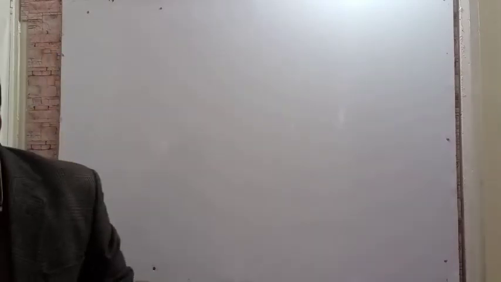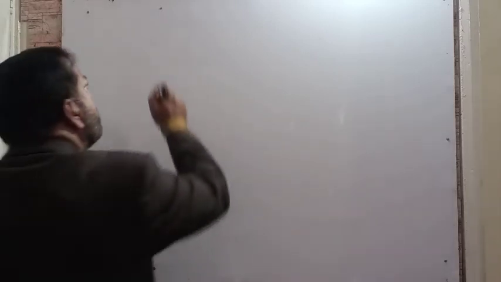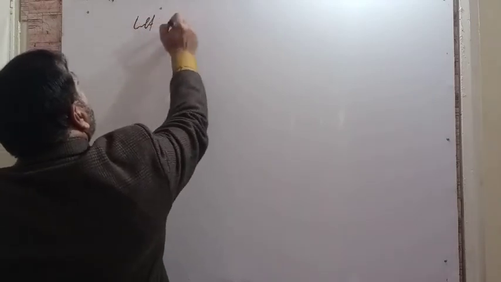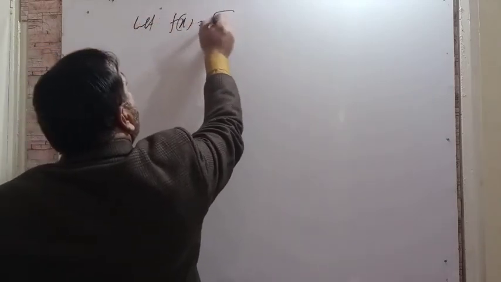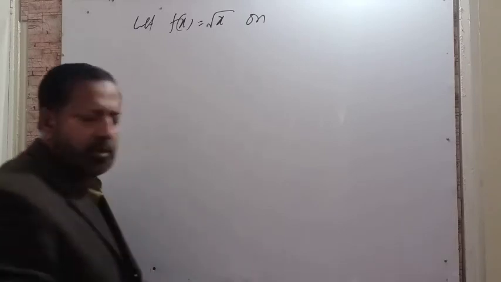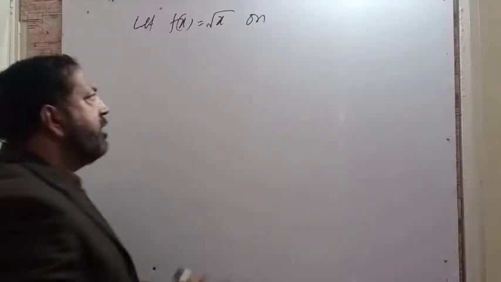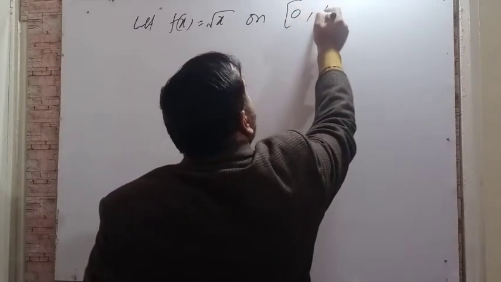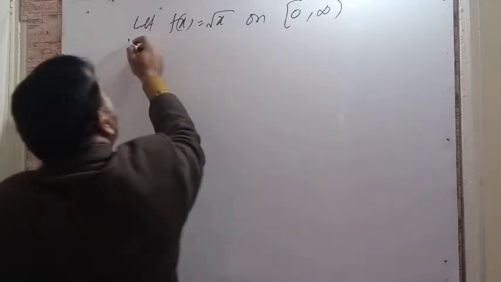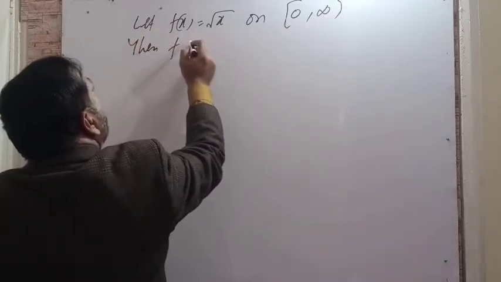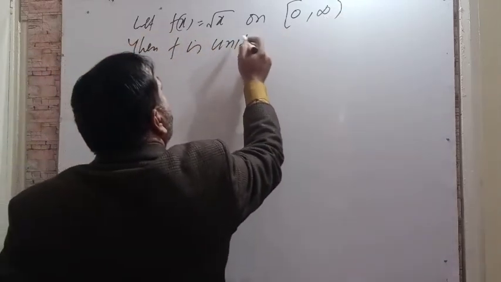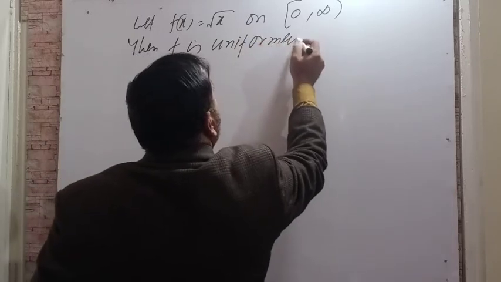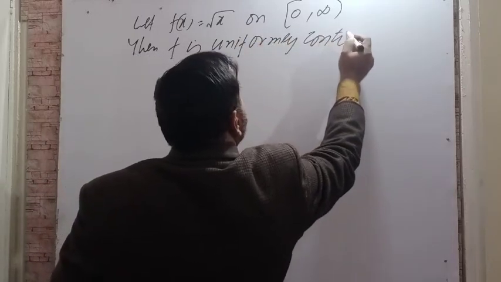Now there is another example. Let f(x) = square root of x on [0, infinity), then f is uniformly continuous.